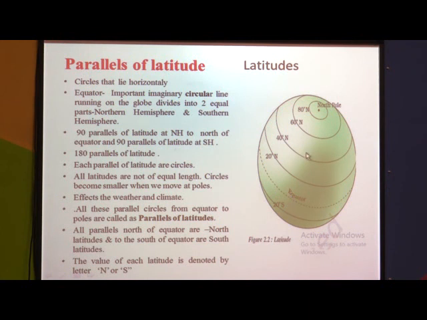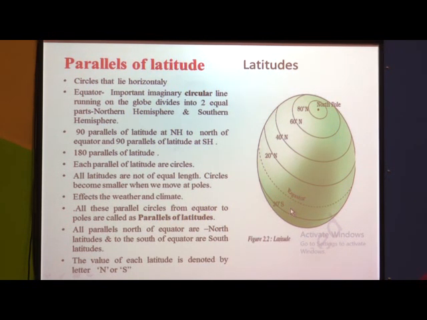Upper part of this equator is called the northern hemisphere, and the south part of this equator is called the southern hemisphere. Okay. Now you understood what is northern hemisphere and southern hemisphere?